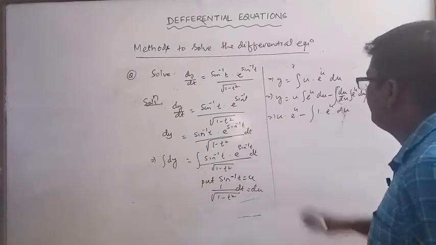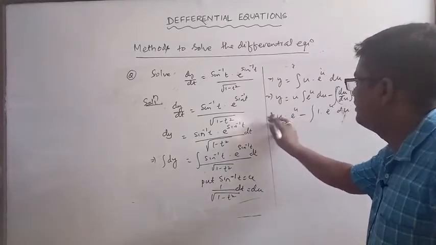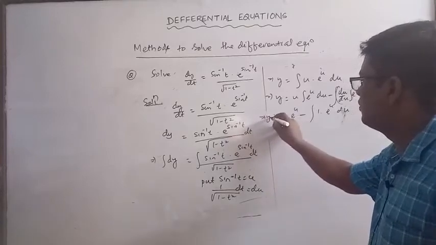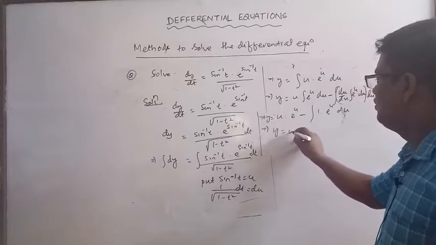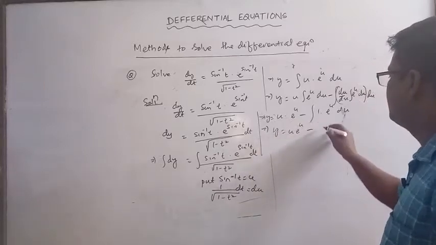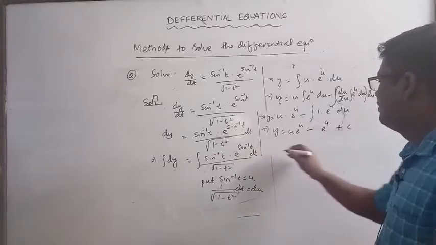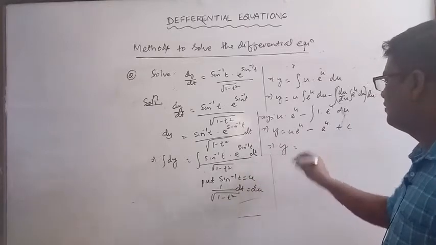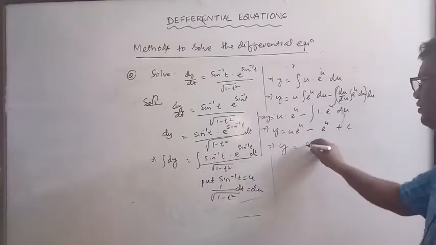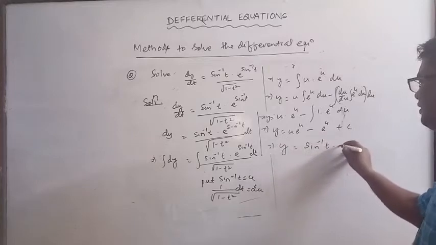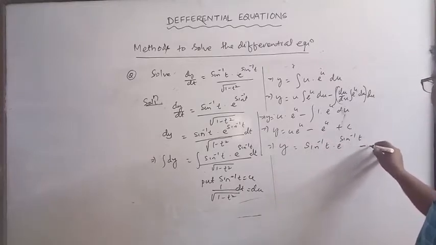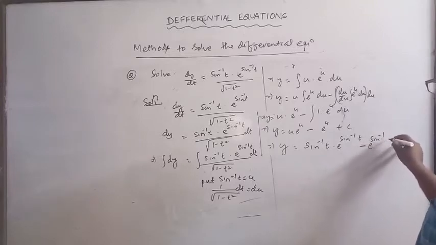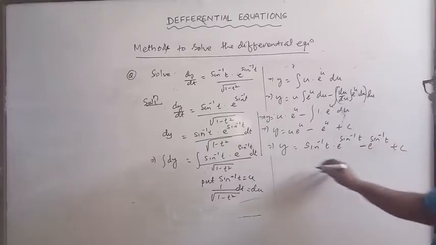Okay, so y is equal to u into e to the u minus e to the u plus c. Now u means sin inverse t. So y is equal to sin inverse t e to the sin inverse t minus e to the sin inverse t plus c.